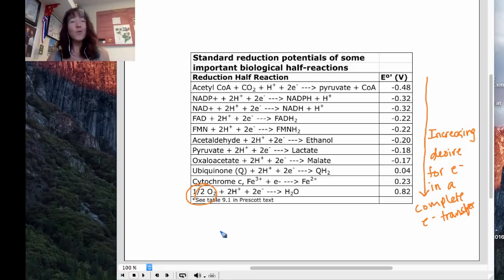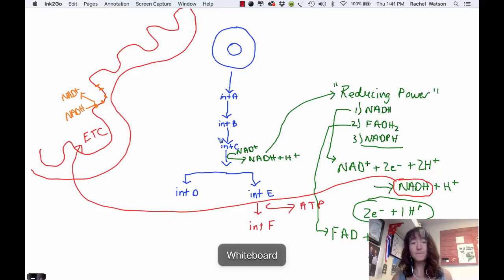So we could say that these electrons, as they get transferred through the ETC, the electron transport chain, it's as if this electron power was a currency of power that had to first go to a bank to get exchanged for the more recognizable currency, ATP. So let's go back to our drawing.